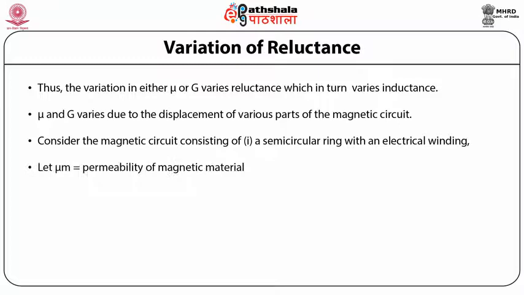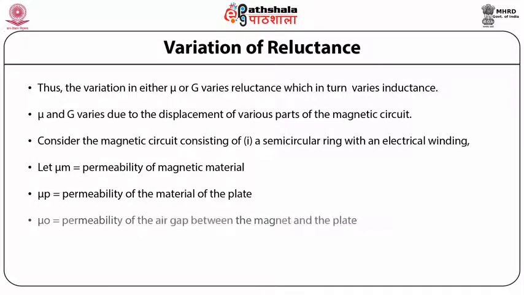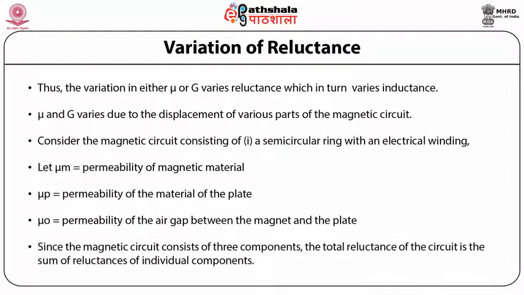Let mu m be the permeability of the magnetic material, mu p be the permeability of the material of the plate, mu naught is the permeability of the air gap between the magnet and the plate. Since the magnetic circuit consists of three components, the total reluctance of the circuit is nothing but the sum of the reluctances of the individual components.